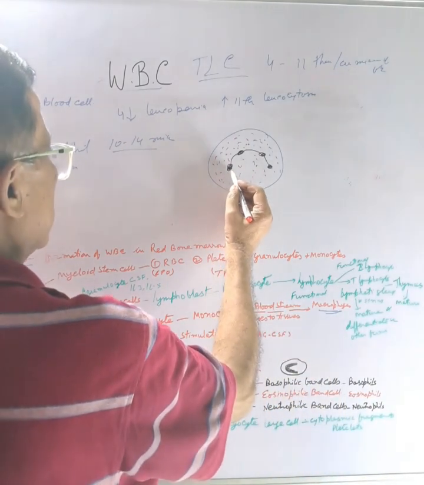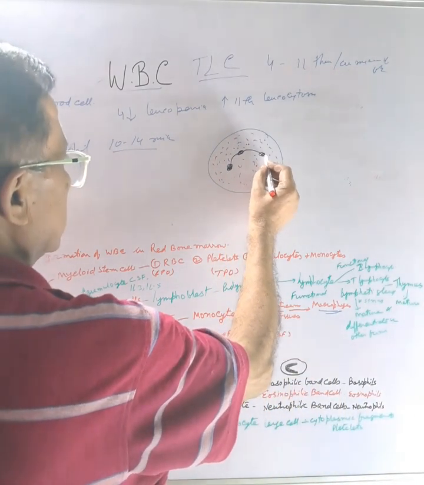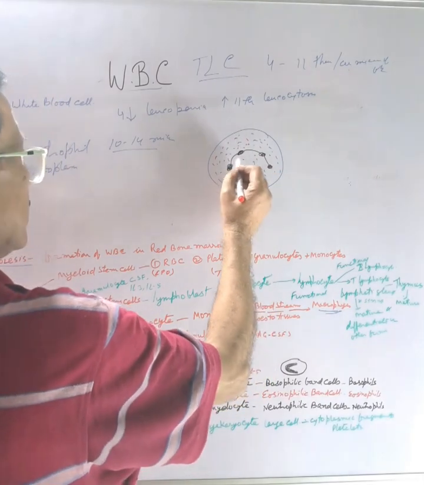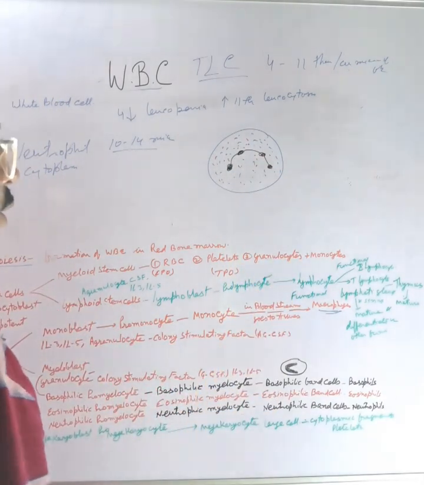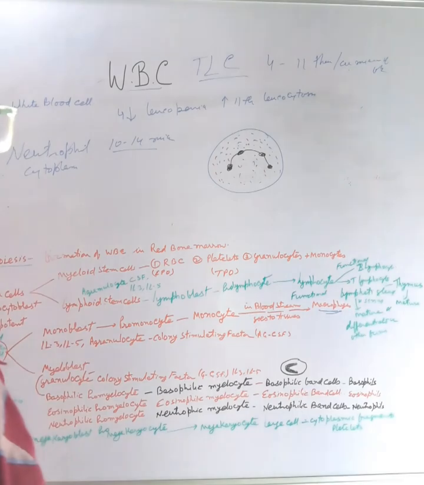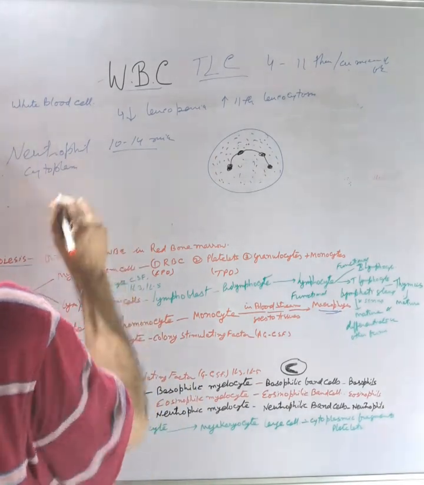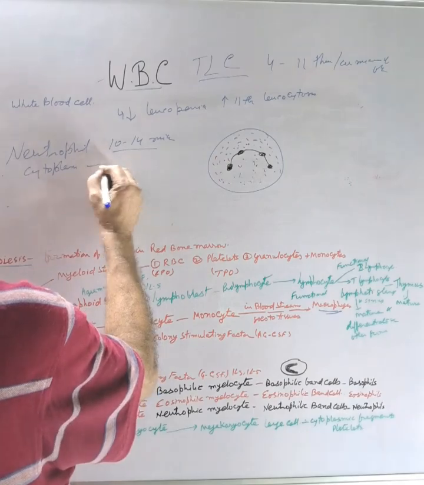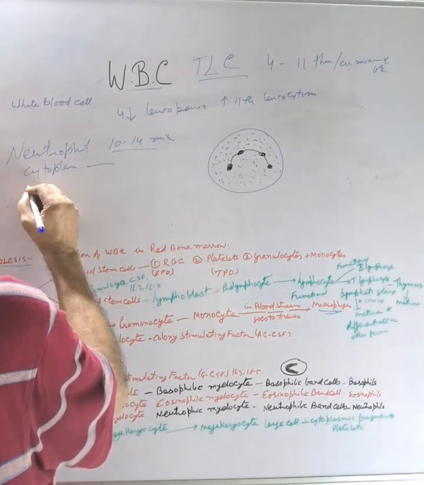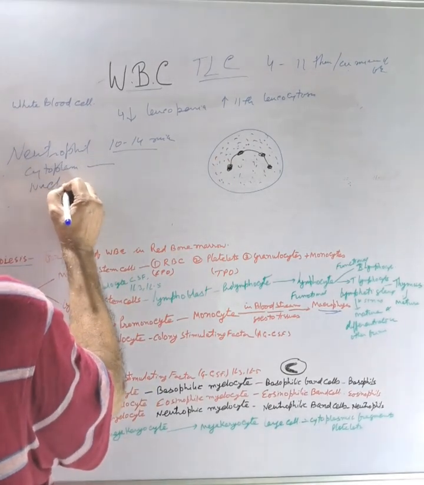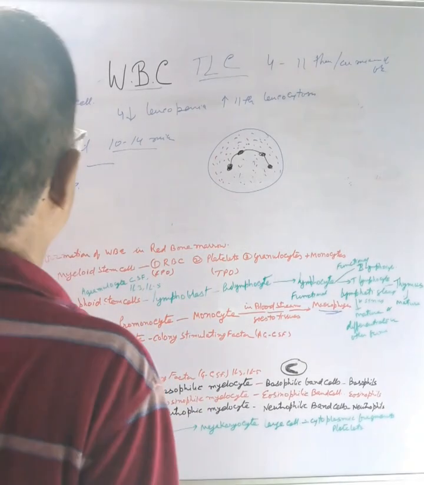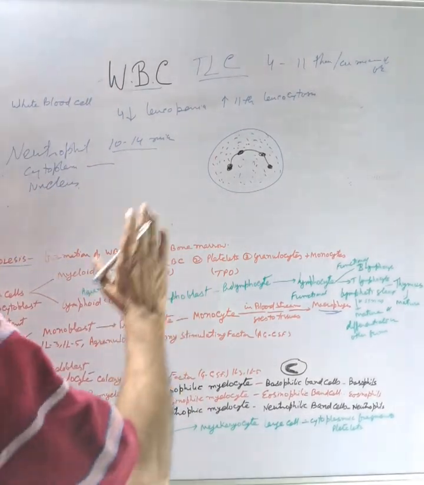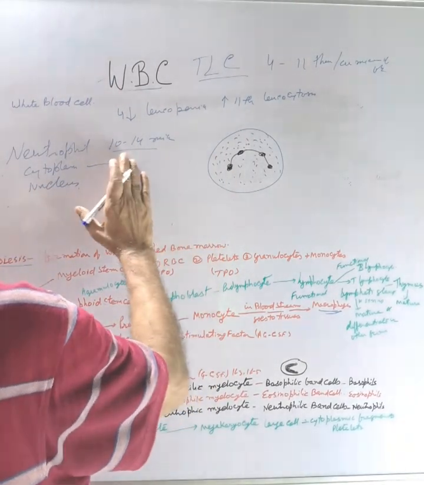Polymorphonuclear cells means the nucleus has parts. It is also known as polymorphs. This is a neutrophil.